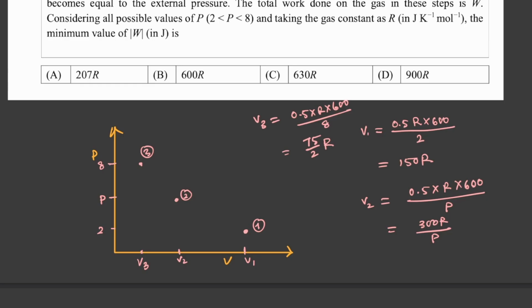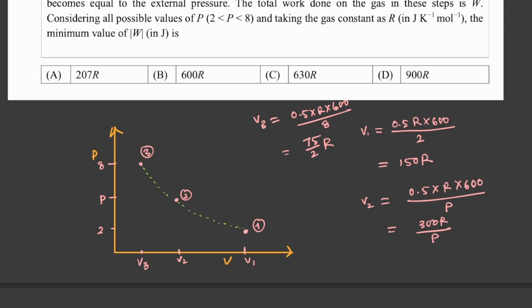Now we are compressing this gas not in a reversible process, so we will not go along this isothermal path. We are doing it in multiple steps.